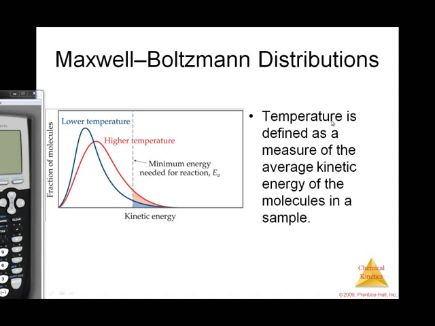And as you increase the temperature, you are causing this skewing in this Maxwell-Boltzmann distribution, right? And if you can imagine, this dotted line indicates the minimum energy for a reaction.